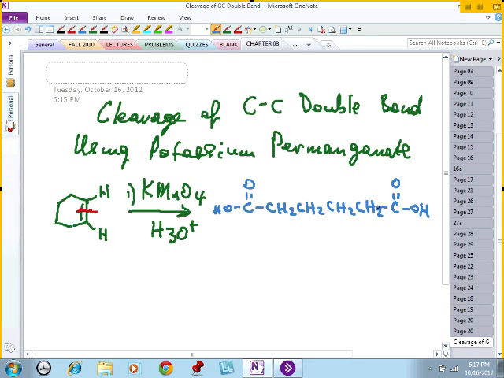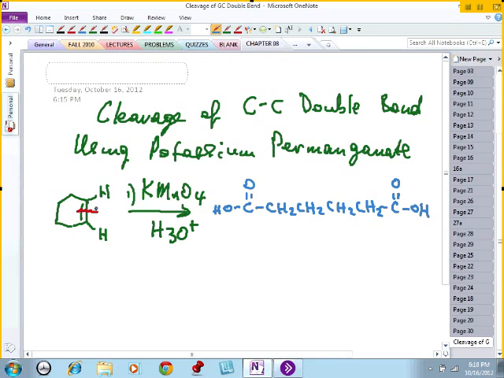Now, supposing I simply gave you this reagent here, and also gave you this product here, and I ask you to give me the starting material. That is the kind of question you should be expecting. Just taking a look at this product and the reagent, you should know that this reagent will cleave a carbon-carbon double bond so that each carbon of the double bond becomes a carboxyl group.